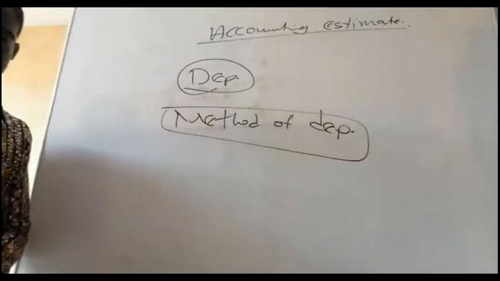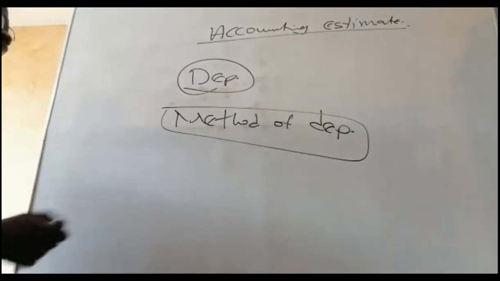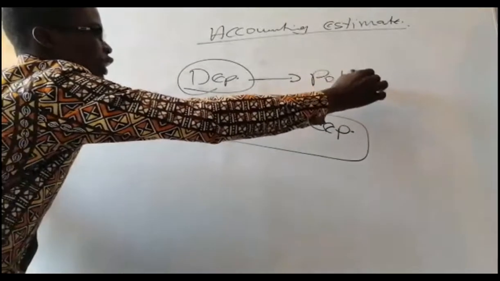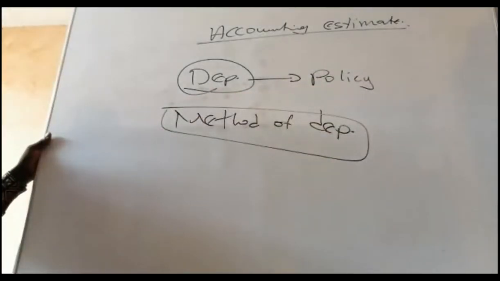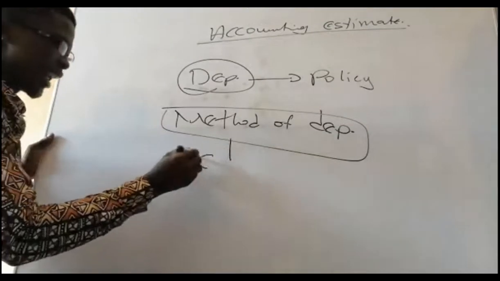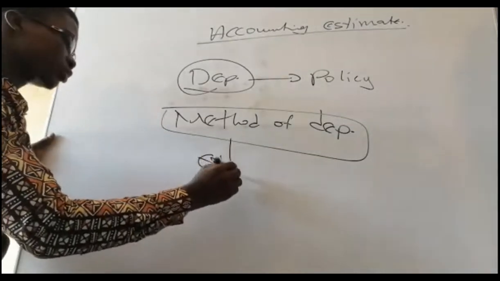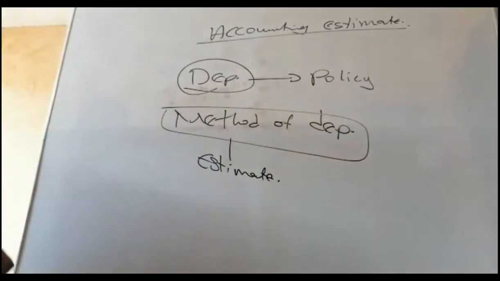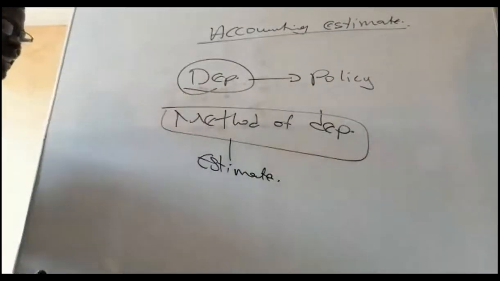So the choice to depreciate an asset is a policy. Then the method becomes an estimate. Why? Because we are going to estimate the value.